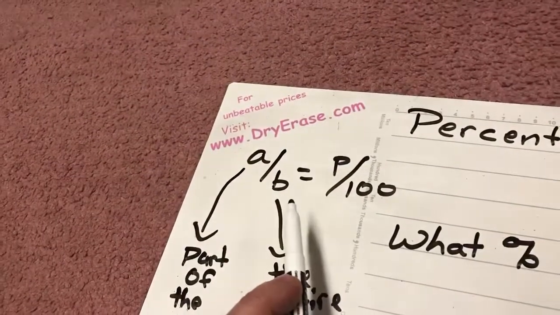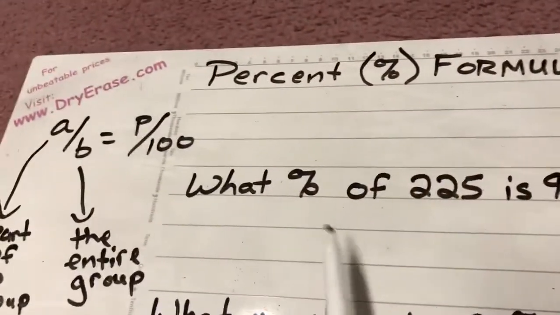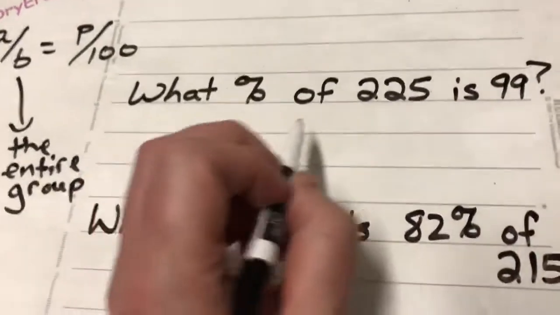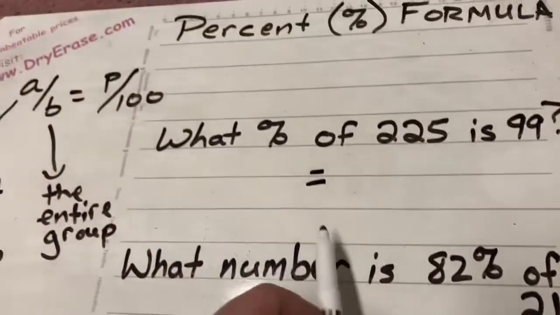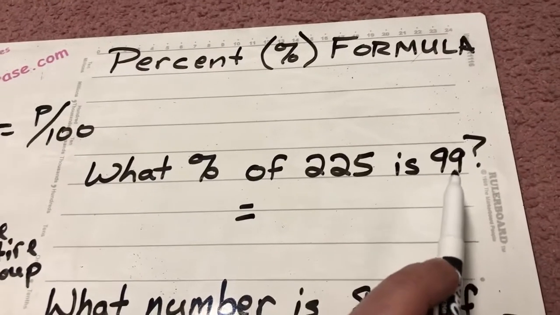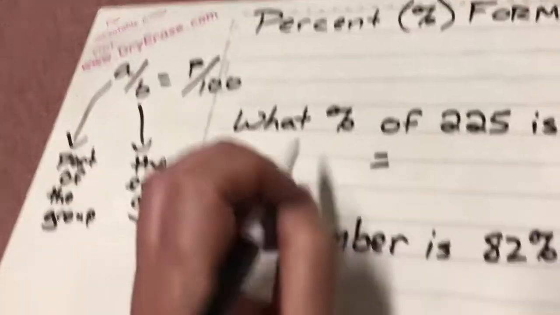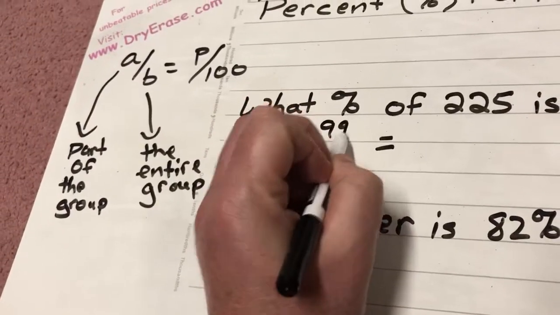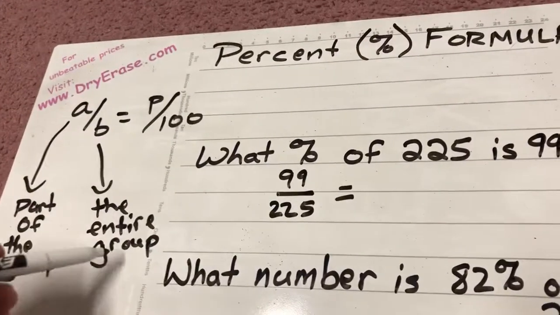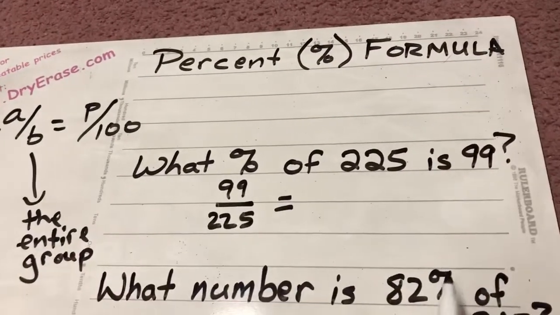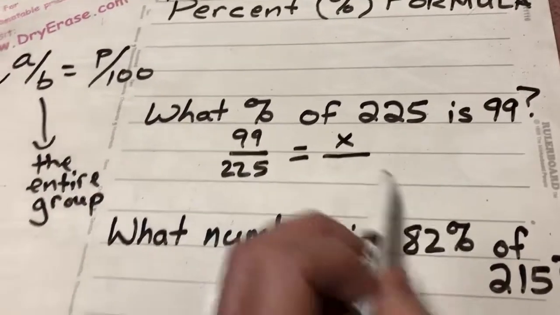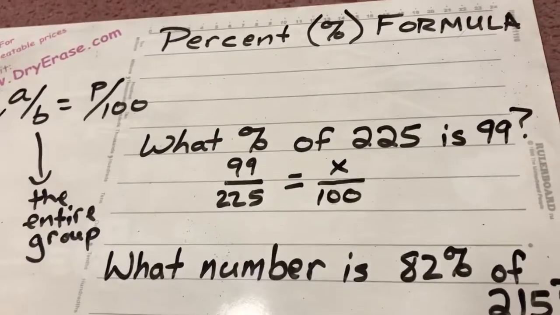We're using this formula, A over B equals P over 100. It tells us what percent. It looks like 99 is our part of the group, our A. So we start with 99 and put that over 225 because that's the entire group. 99 out of 225, and they want to know what percent, so I'll use X as a variable, over 100.